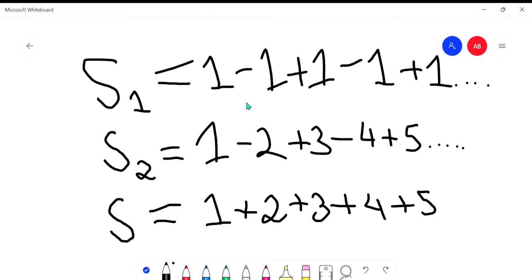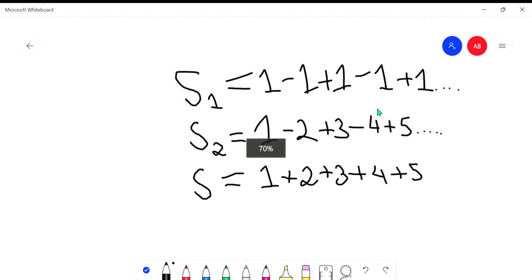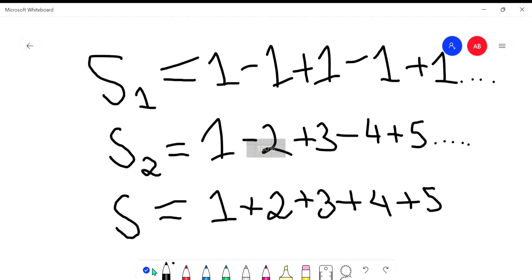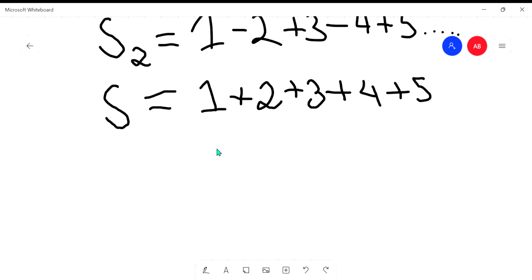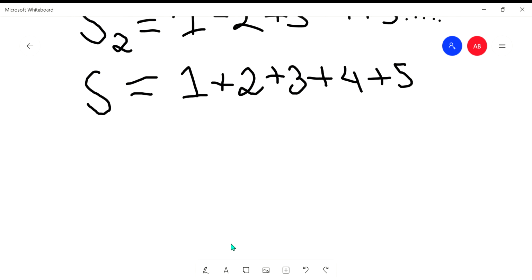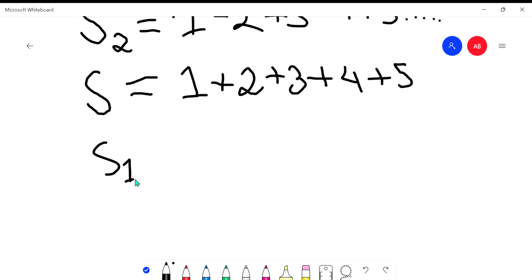So, in the case of S1, what's the answer to this? If there was a finite amount, you would realize, let's move down a little bit. S1, we all know, is 1 minus 1 plus 1.